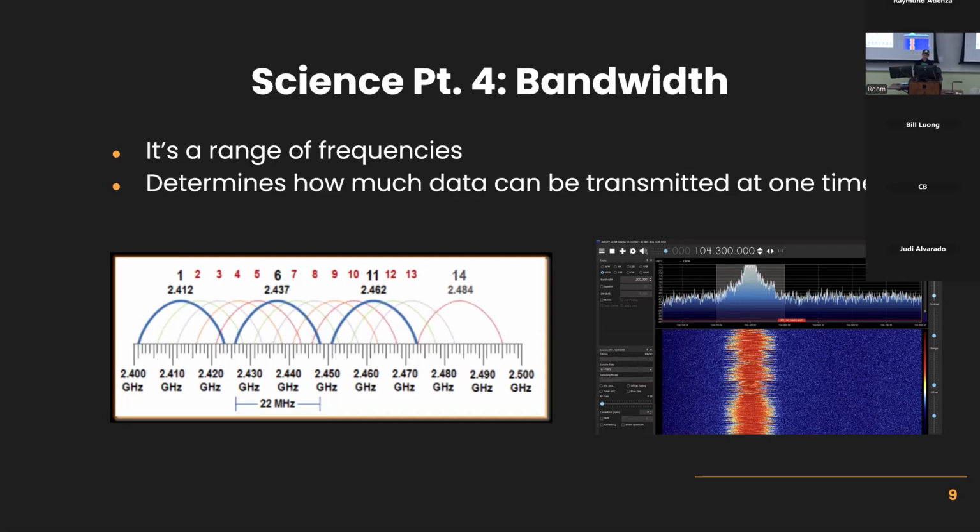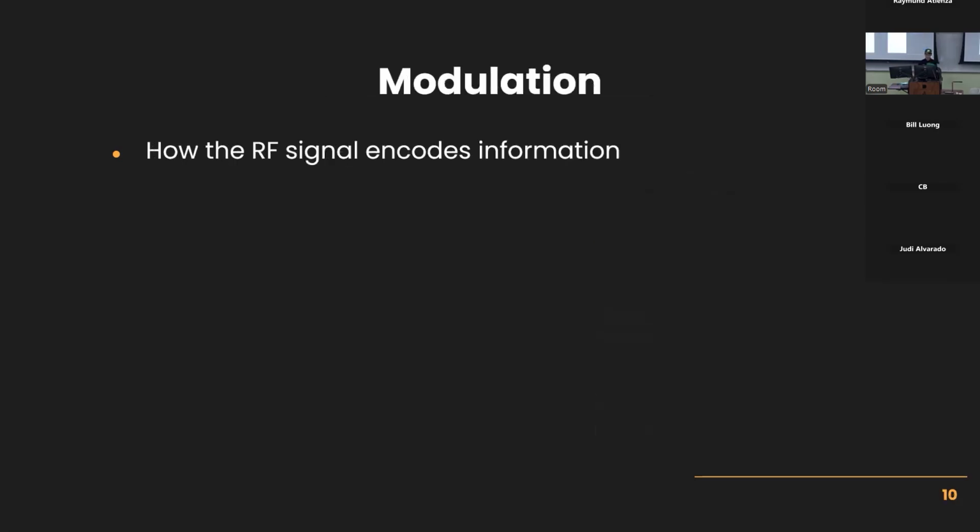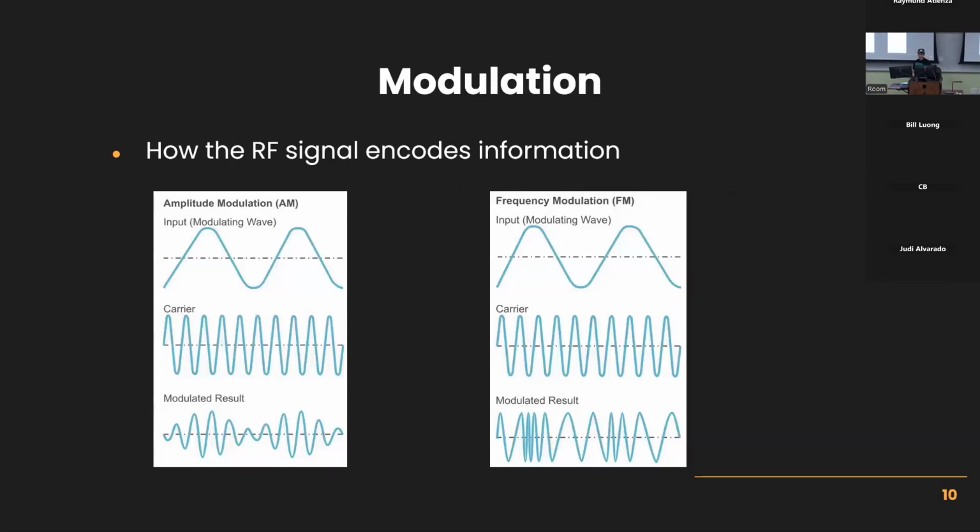It is not exactly on 104.3. FM radio requires a larger bandwidth than that singular frequency, and therefore it needs a little more than just that one channel. So moving on, we have modulation.